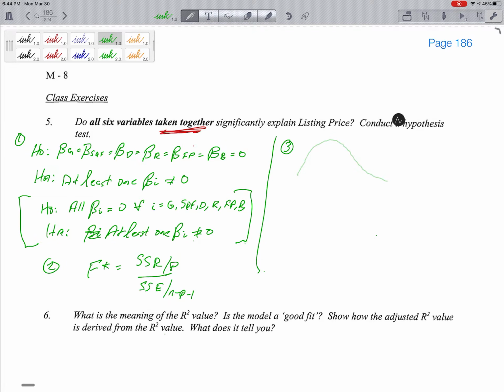Let's take a look at the critical value. So this is going to be an upper tail F test, and it's going to be based on 6 and 83 degrees of freedom. Those are the degrees of freedom for SSR and for SSE.